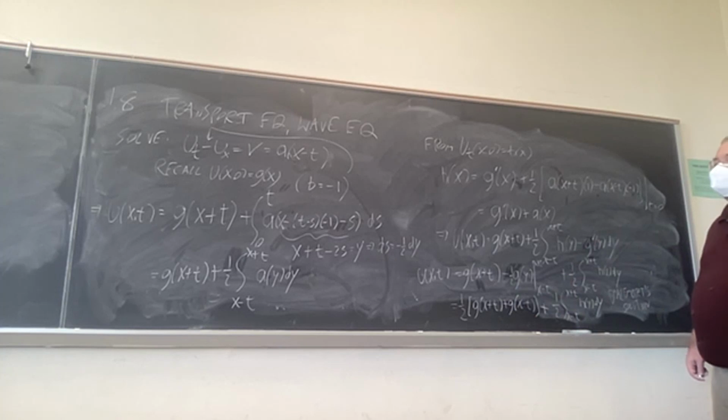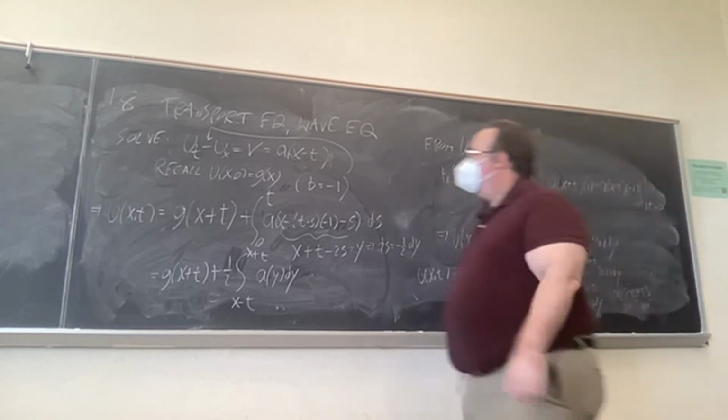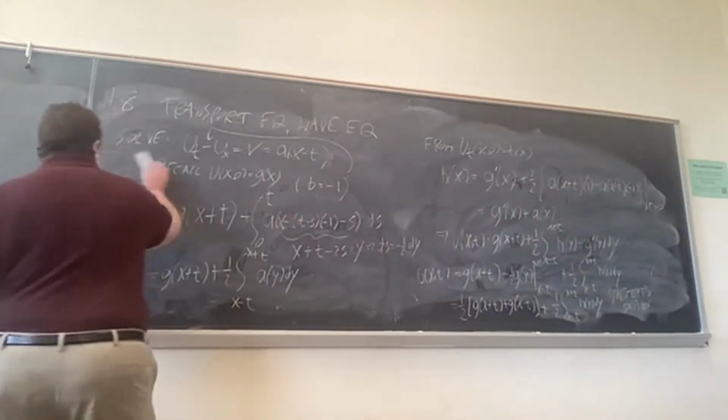So suppose the initial data is mostly 0, except in a small subdomain. Then the solution will be 0 most of the time, except for these propagating half blobs that go in opposite directions, especially if this part is 0. But we get different behavior depending on how many spatial dimensions we're in.